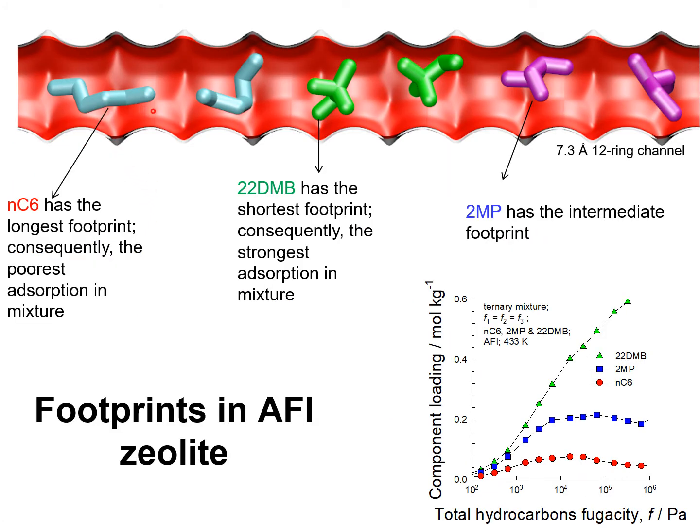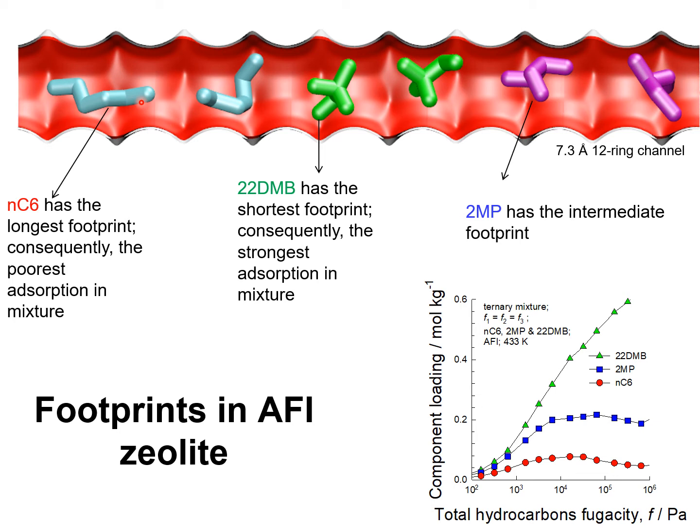This is a computational snapshot of the conformations of normal hexane, 2,2-dimethyl butane, and 2-methyl pentane within the 12-ring channels of AFI zeolite that has dimensions of approximately 7.3 angstrom.